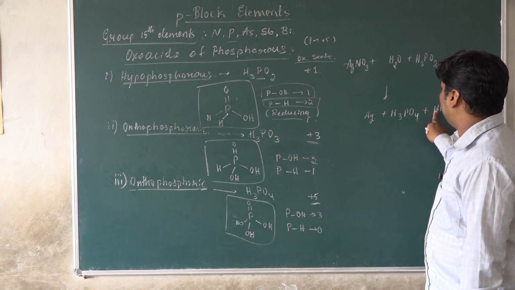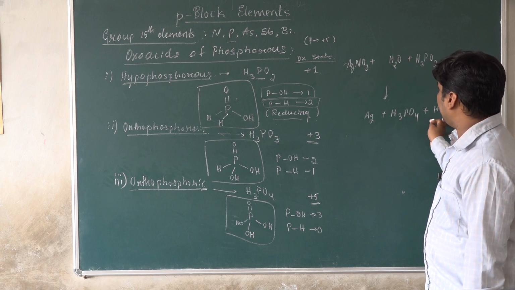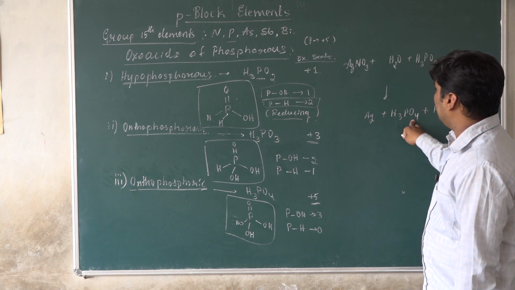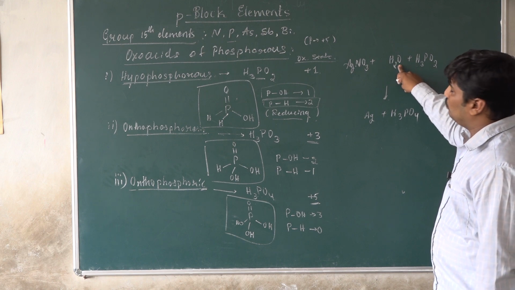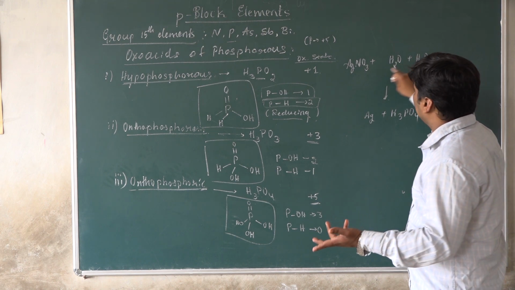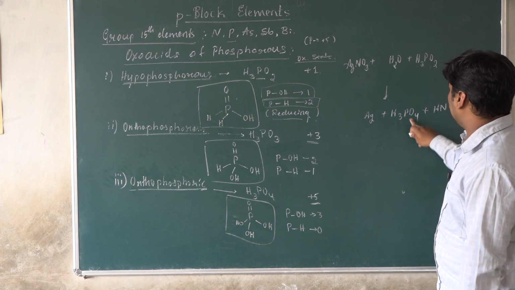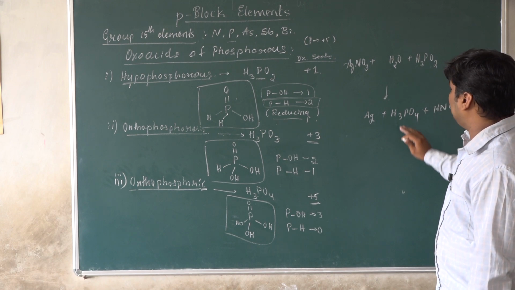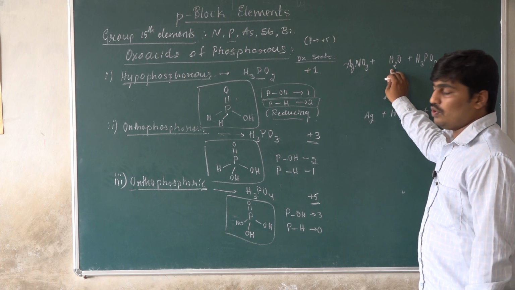Hydrogen 3, 4, 3, 5, more number. Next nitrogen, one and one. Number of oxygen 3, 1, 4, just trial and error. 3, 1, 4 plus 2, 6, 4, 7. To increase the number of oxygen, I increase the number of water.